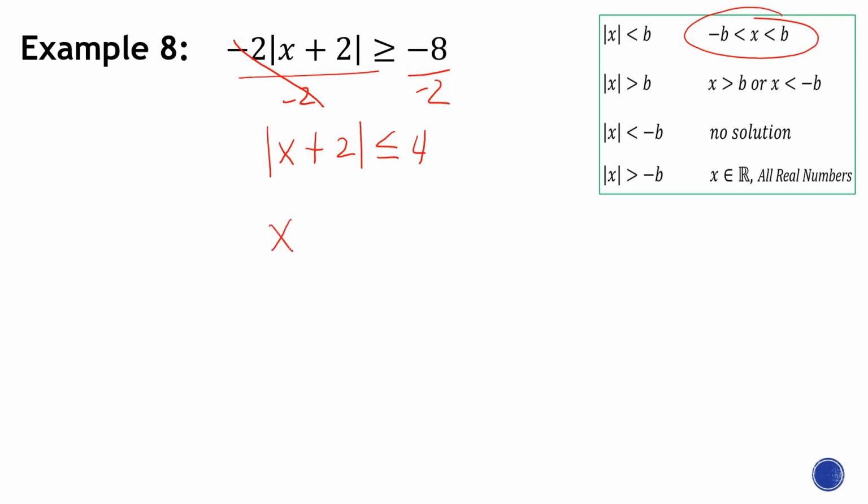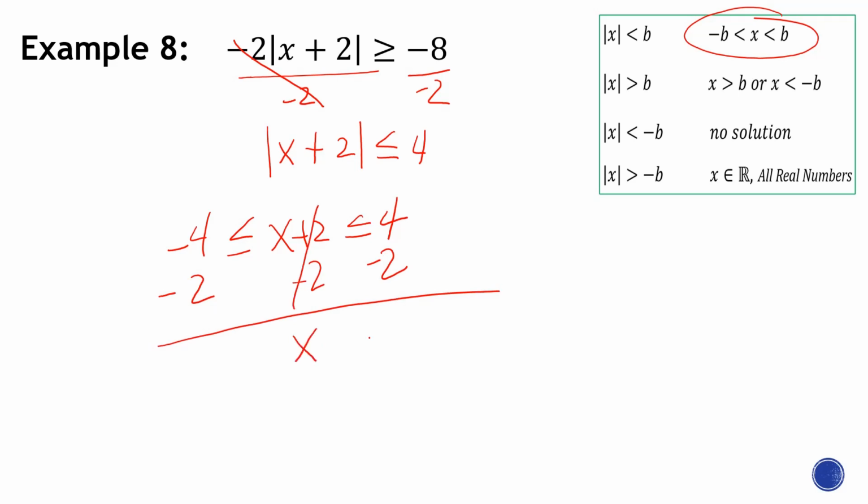So we have x plus 2 less than or equal to 4, less than or equal to negative 4. Next, subtract 2 on all sides. This will be x less than or equal to positive 2, less than or equal to negative 6. That's the answer. Next.